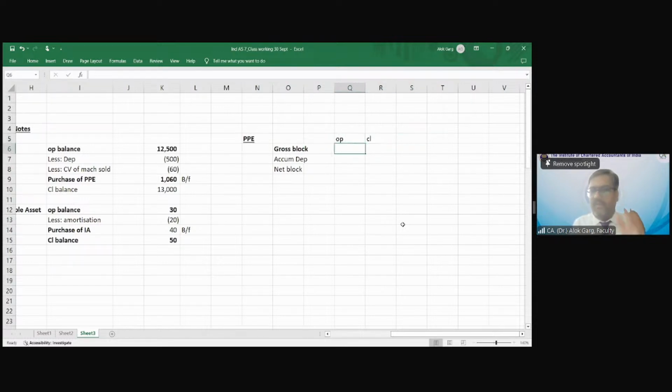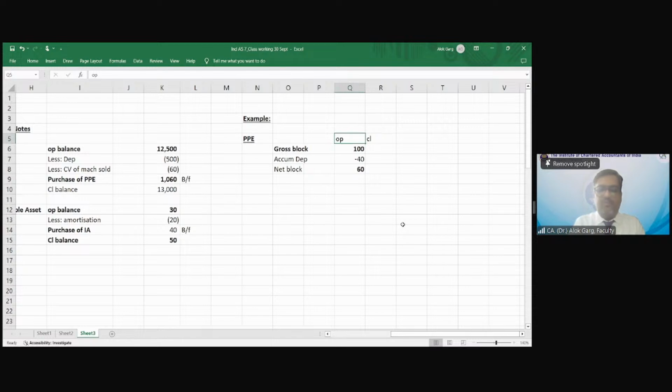Let's take an example. Let's say 100 rupees was my opening gross block. Accumulated depreciation was 40. So what was my net block? It will be 60. So next year.